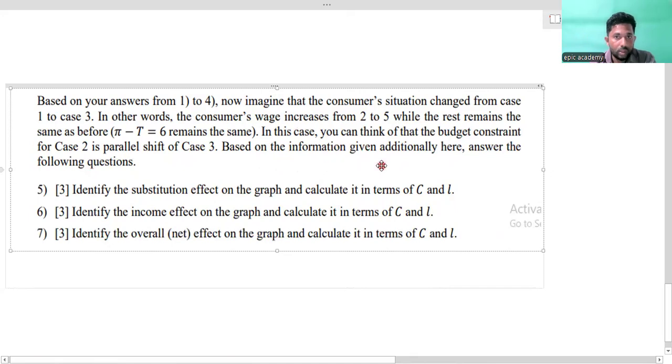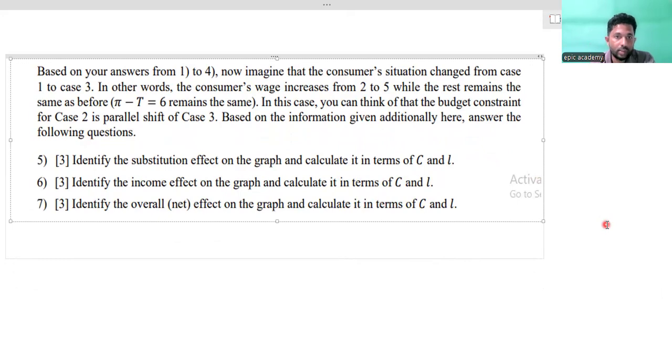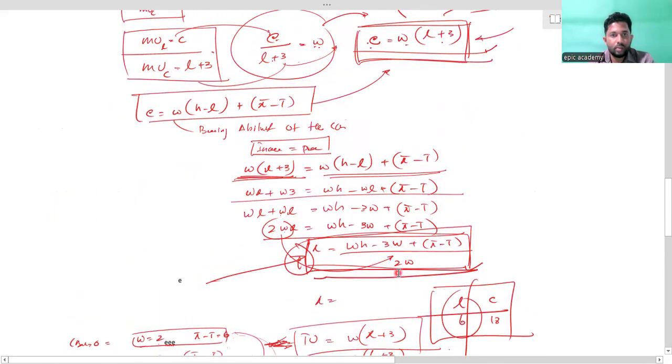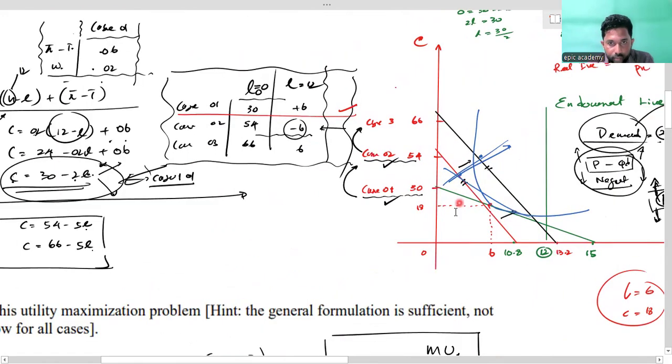Based on the information given additionally here, answer the following question. Identify the substitution effect on the graph and calculate it in terms of C and N. Actually, the substitution effect happened here, related to that one, between case 1 and case 2.